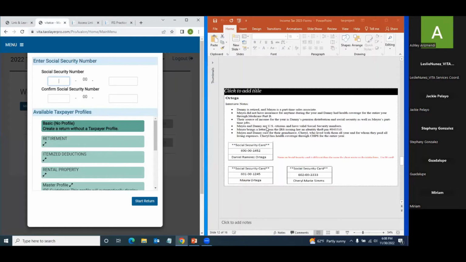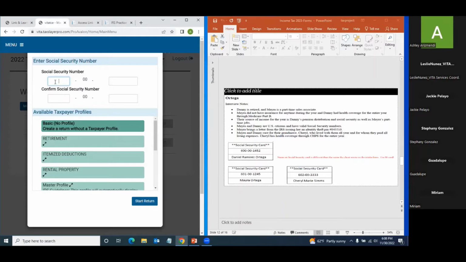Myra and Danny are U.S. citizens and have valid Social Security numbers. Myra brings a letter from the IRS issuing her identity theft PIN number. Myra and Danny care for their grandniece, Cheryl, who lived with them all year and for whom they paid all living expenses. Cheryl has health coverage through CHIP for the entire year.